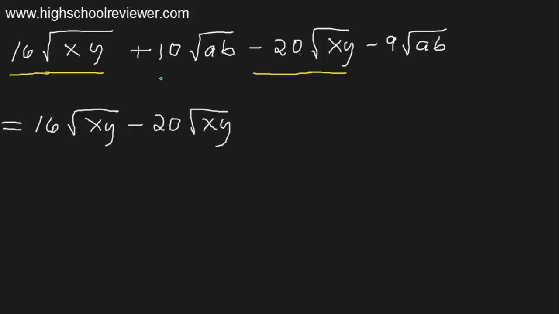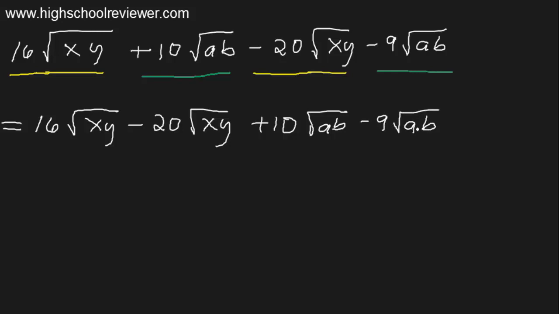So we have here positive 10 square root of ab and minus 9 square root of ab.